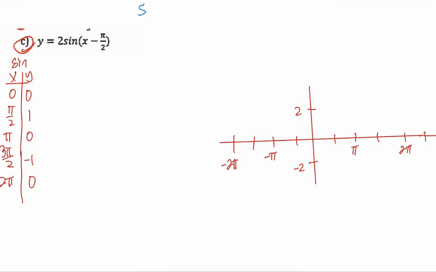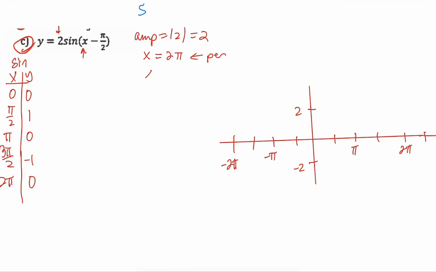When we do this one, we're going to use the amplitude, the period, all that stuff. So the first thing I would note is our amplitude is 2. If you set your bx, your x term, only equal to 2 pi, that is your period.